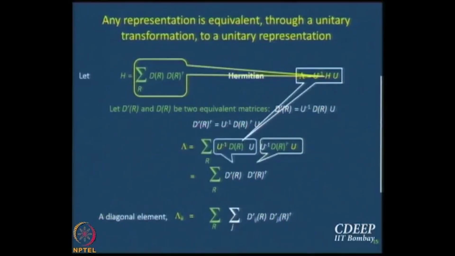Are we all comfortable with this? It is a diagonal element. I don't care about off diagonal elements because I know already that the off diagonal elements are all 0, right. I only care about the diagonal elements. What are the diagonal elements? Are they all 1? Then what are they? The lambda values, right, the eigenvalues.